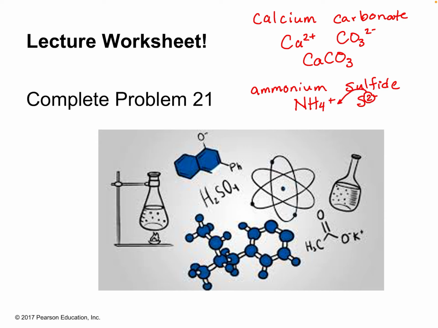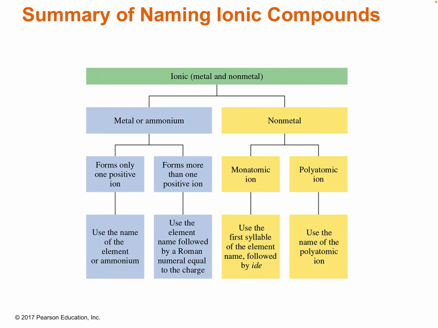So that 2 is going to go to the ammonium, but it needs to go to the entire ammonium because it's a polyatomic. So again, we're going to put everything that touches the bottom in parentheses. So we'll go NH4 in parentheses, and that 2 is going to go on the outside, and then our imaginary 1 will go to the sulfur, so we don't need anything on the outside of the sulfur. Okay, so those are 2 other examples that I think you will find really useful.